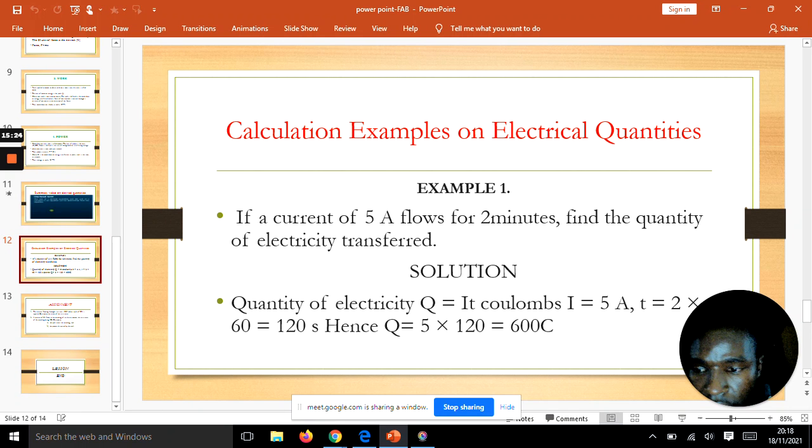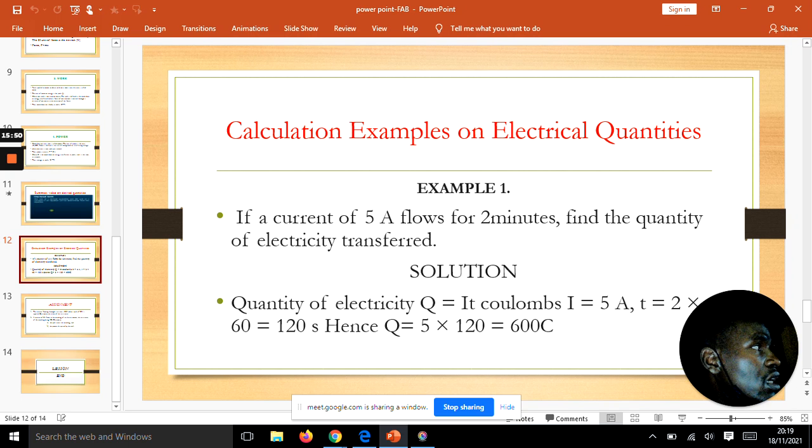In this case, the quantity of electricity Q is given by Q = IT, that is current times time. From our question, you've been given current as 5 amps and the time as 2 minutes. So we have to convert this time to SI units of time, which is seconds.